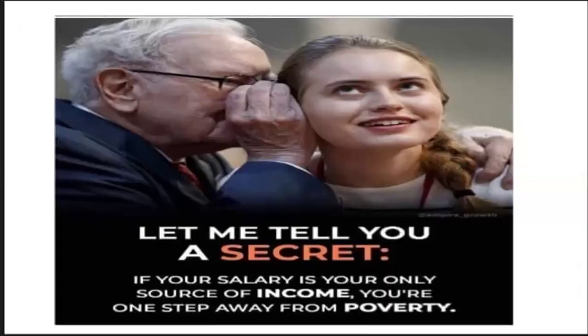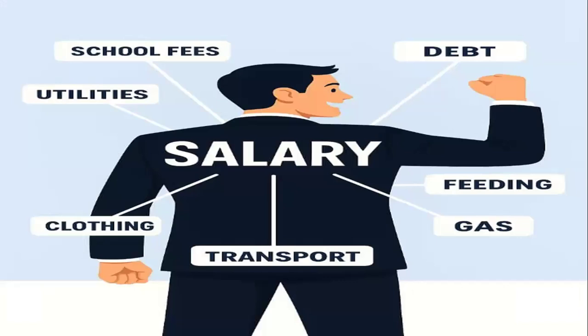Warren Buffett once said, if your salary is your only source of income, you are one step away from poverty, because so many things are always waiting for your salary. You collect debt, you are waiting till the end of the month. School fees are coming, waiting till the end of the month. Feeding, gas, everything is waiting till the month end. And no wonder you go and borrow. So you collect the salary, you start paying.